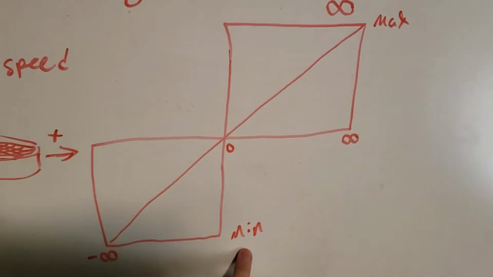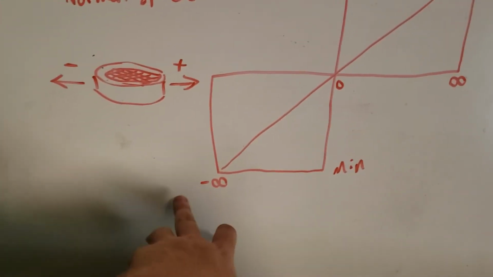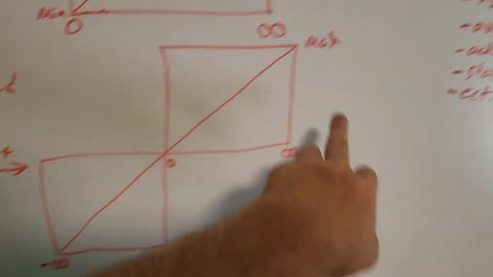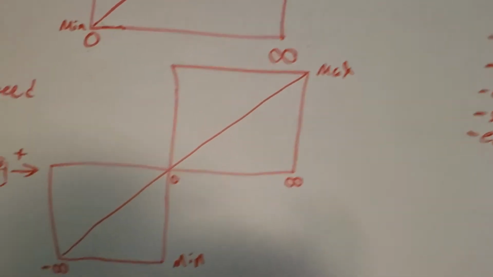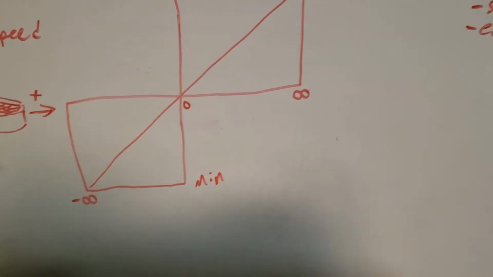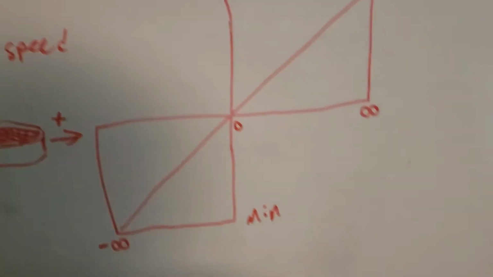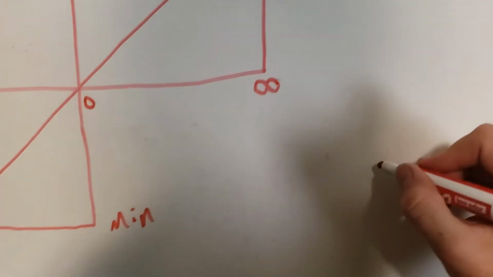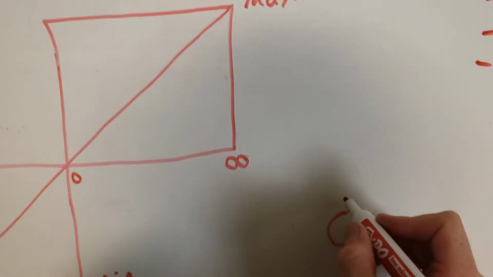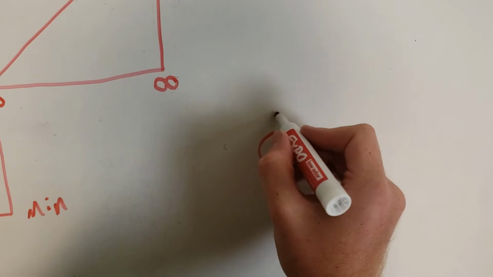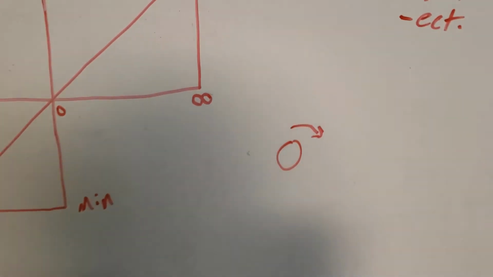So we've got our minimum value down here. You can see negative infinity, maximum, positive infinity. And then in between is 0. And this is just our signal strength. So if you were to have an actuator, for instance, and the actuator rotates this way naturally, right?